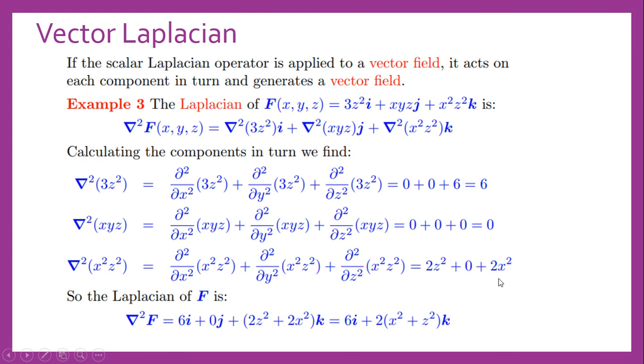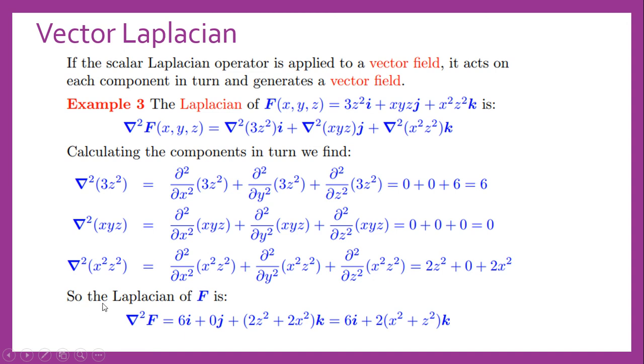So you get this as the answer. Then you substitute: 6 i vector, 0 j vector, and this component will be 2z square plus 2x square times k vector. So totally you get the i and k components with the j component as 0.